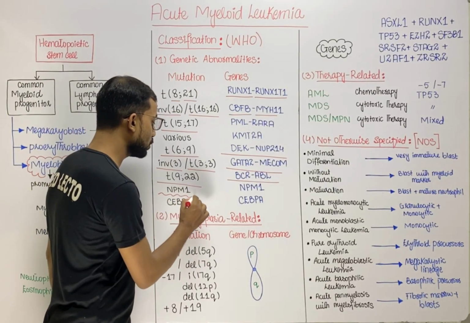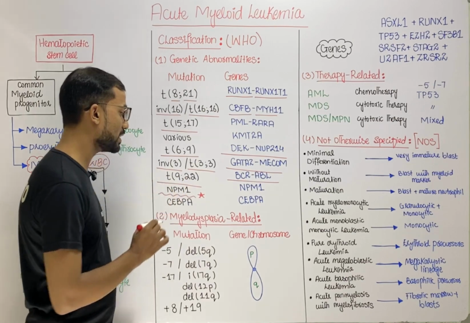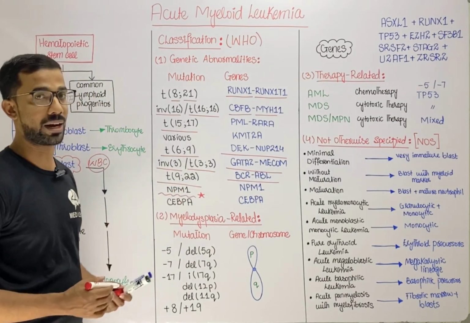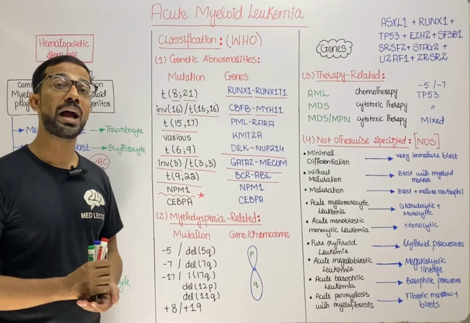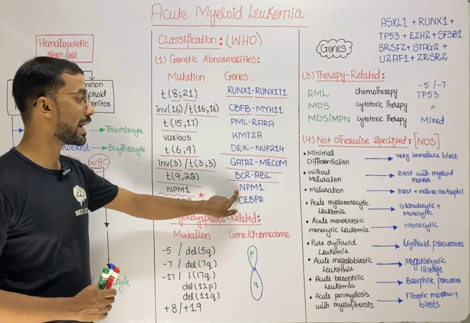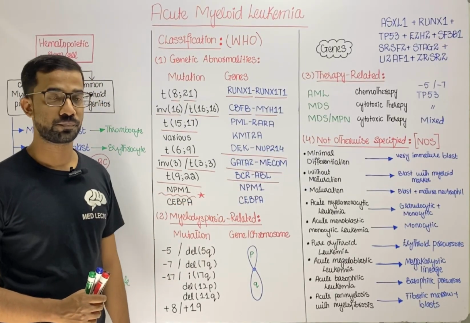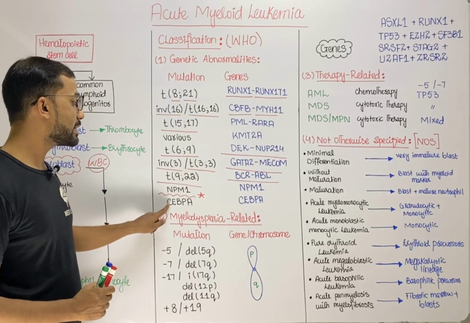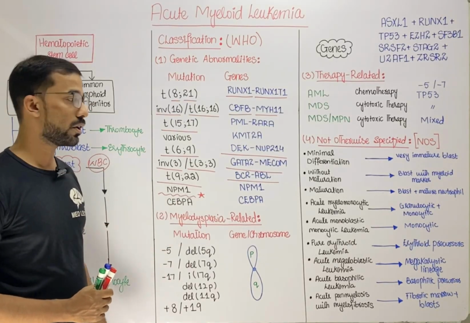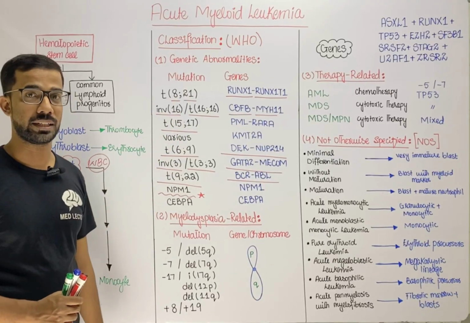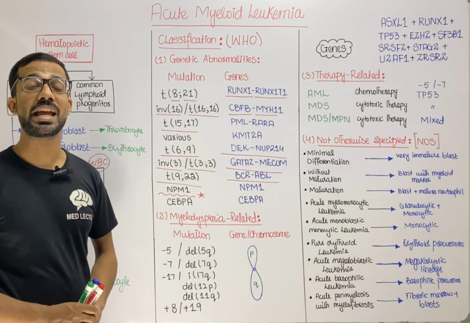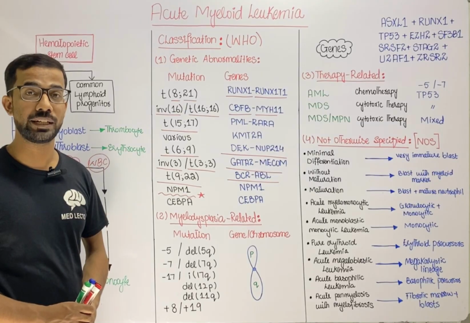Next, you will see mutation happens in the gene NPM1. So in that case, you will see point mutations happen in the NPM1 gene. Next is the CEBPA gene, also mutated in that case. So these are the genetic abnormalities, and as a result, you will see the AML, acute myeloid leukemia.